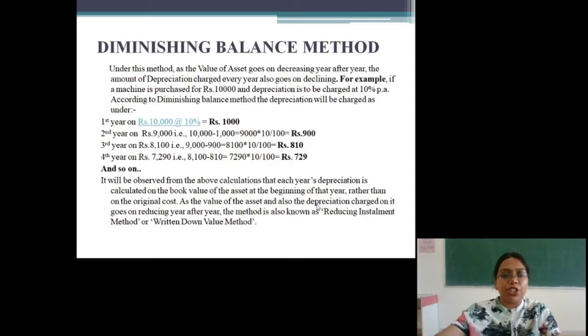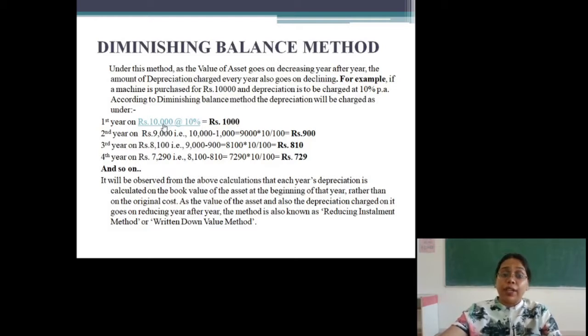For example, if a machinery is purchased for rupees 10,000 and depreciation is charged at 10% per annum, then according to this method, in the first year the depreciation charge will be 10% of 10,000, that is 1,000.